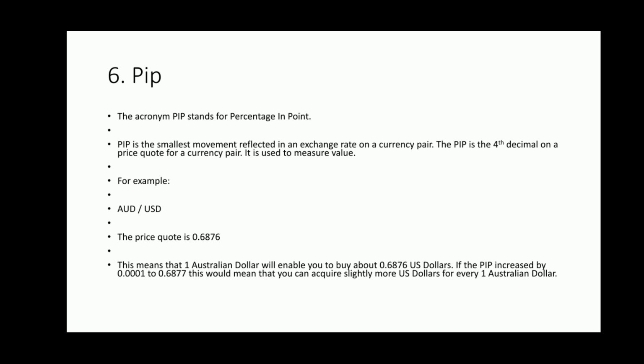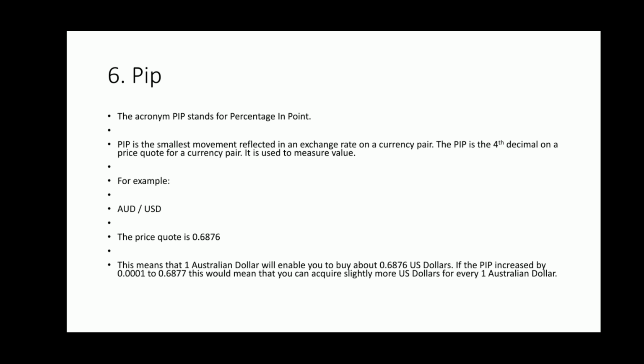Let me say that again. The price is 0.6876. This means that 1 Australian dollar will enable you to buy about 0.6876 US dollar, because we're doing the Australian dollar against the US dollar.